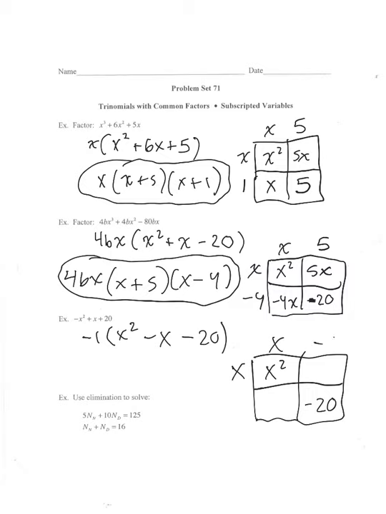So that means, looks like negative 5 and 4 are going to be it, right? Negative 5 times 4 is negative 20. And 4x plus negative 5x actually gets me negative 1x, which is what I want. So in the end, we end up with x plus 4, x minus 5, like so.